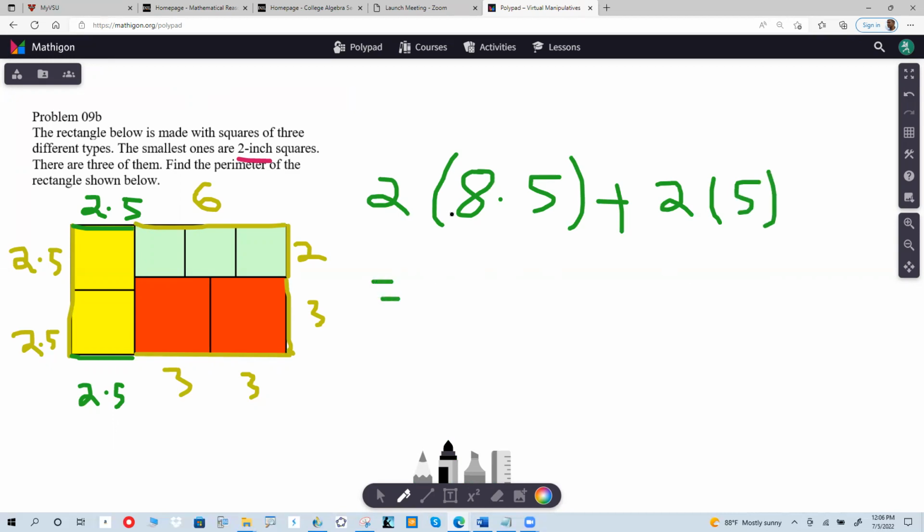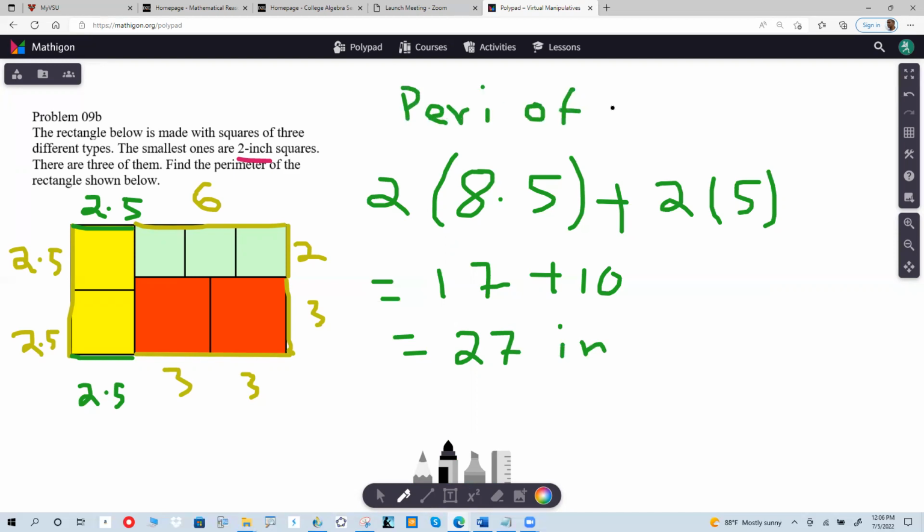What do we get? 8.5 times 2 is 17, plus 10, which is 27 inches. Perimeter of the rectangle. I'm going to write peri. That's my answer, the rectangle. So here we go. We have our 2 problems.